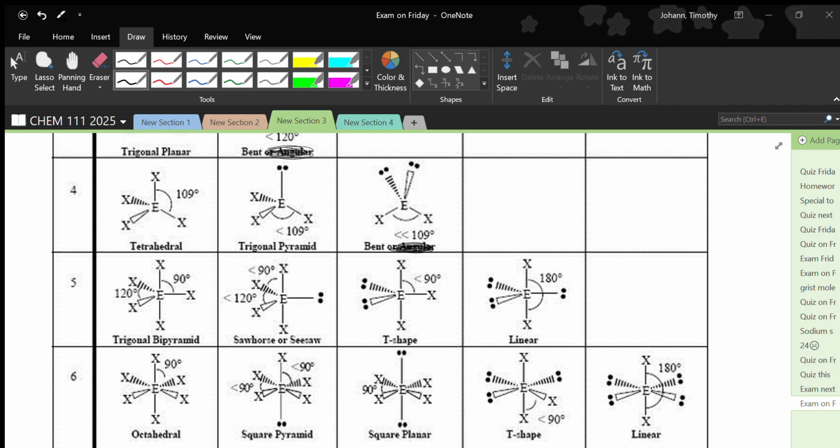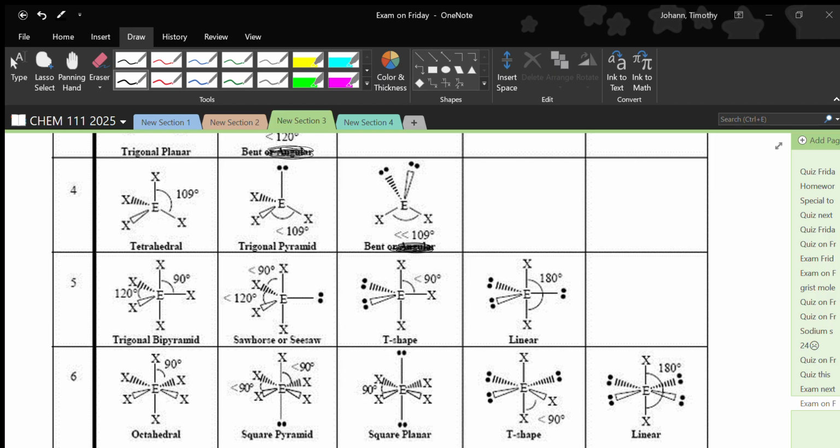You notice that we put our lone pairs in the plane of the trigonal plane here first, because when you put them there, they have more space. There's more space in that triangle because you have 120-degree angles. As opposed to if you put one of them up here, it would have to interact with, let's do it over here.